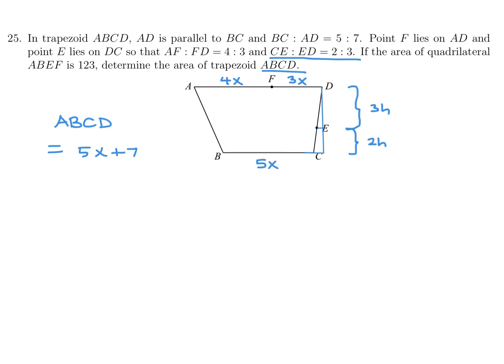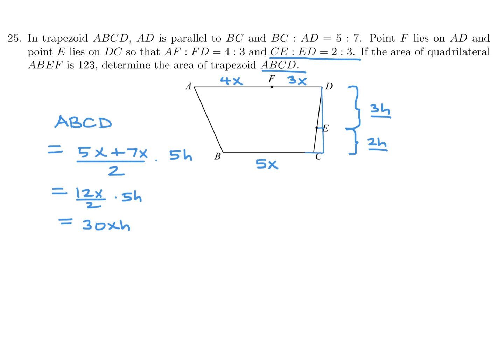So in this case, it would be 5x plus 7x divided by 2, and then multiply by the height, right? So in this case, my total height is this plus that, so it's 5h. So this looks like 12x over 2 times 5h, so that's 6 times 5, so 30xh.